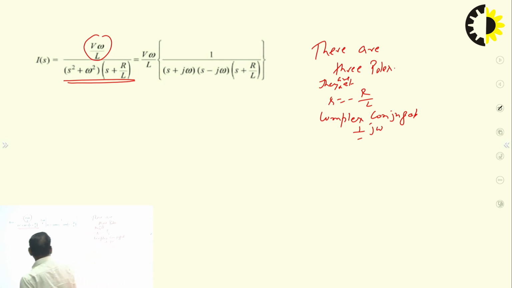So there is one simple pole at minus R upon L, and a pair of complex conjugate poles at plus minus j omega.